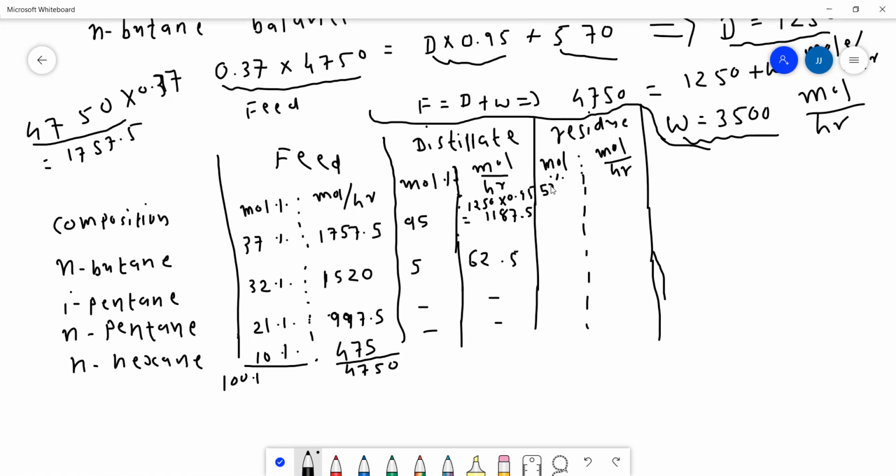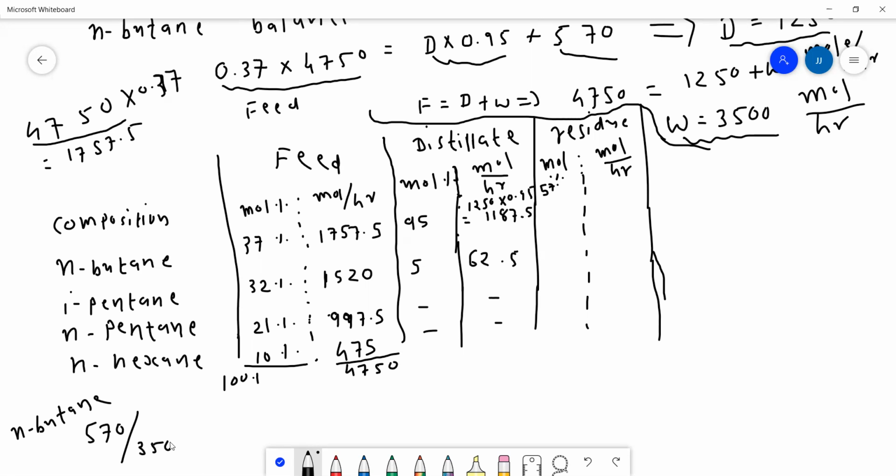I am writing here 570 divided by, this is the molar flow rate of N-butane, divided by the total flow rate of residue.